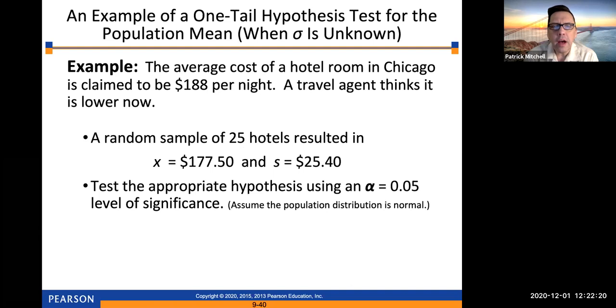For example, the average cost of a hotel room in Chicago is claimed to be $188 per night. A travel agent thinks it is lower now.